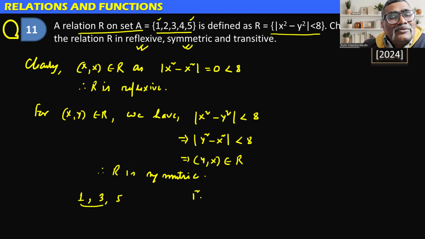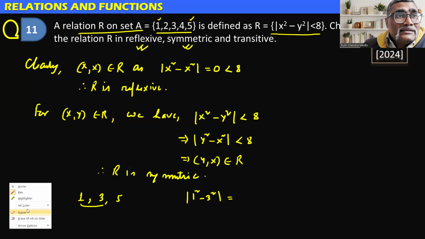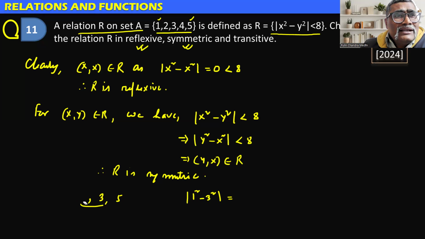This is rough work. 1 square minus 3 square. So 1 and 3 cannot be related, because it will be 8. Just a minute, let me not take this. I have to take them one by one, not randomly, otherwise I may not get the answer directly.